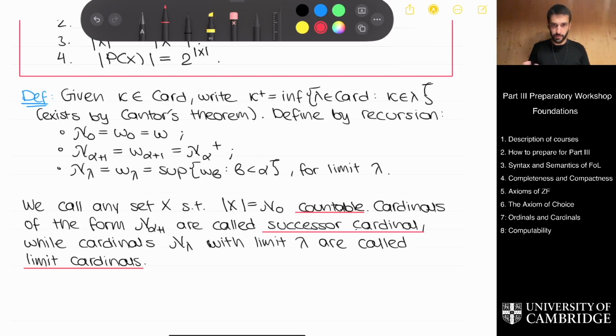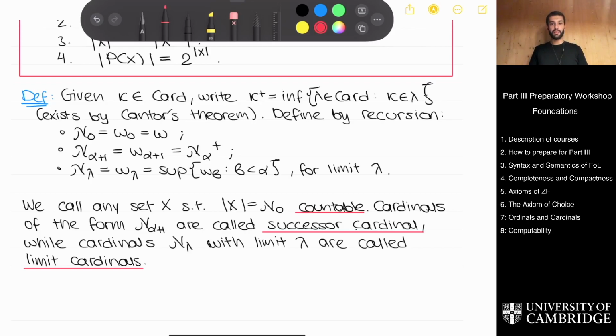Notice that the notation depends on the context. If we treated kappa as an ordinal, then kappa plus would simply mean the successor ordinal. Here, we're thinking about cardinals, and so by kappa plus, we mean the successor cardinal. And this is simply the least cardinal that is above kappa. And there is such a cardinal by Cantor's theorem, we can simply take the least such one.